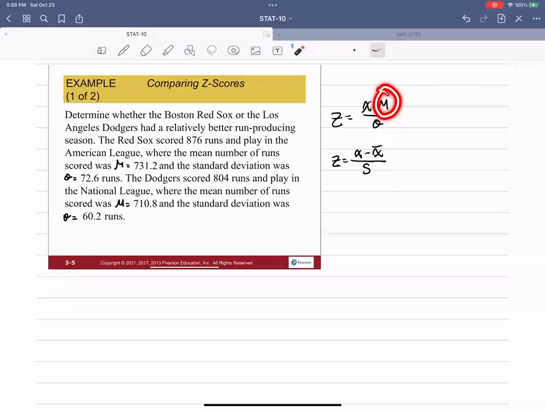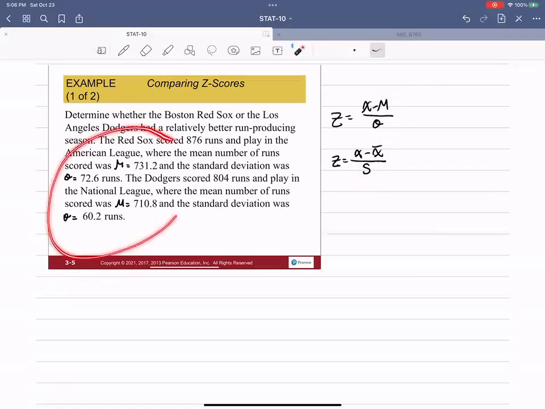Remember, mu is our mean for the population, x bar is our mean for the sample, sigma is our standard deviation for the population, and s is our sample standard deviation.